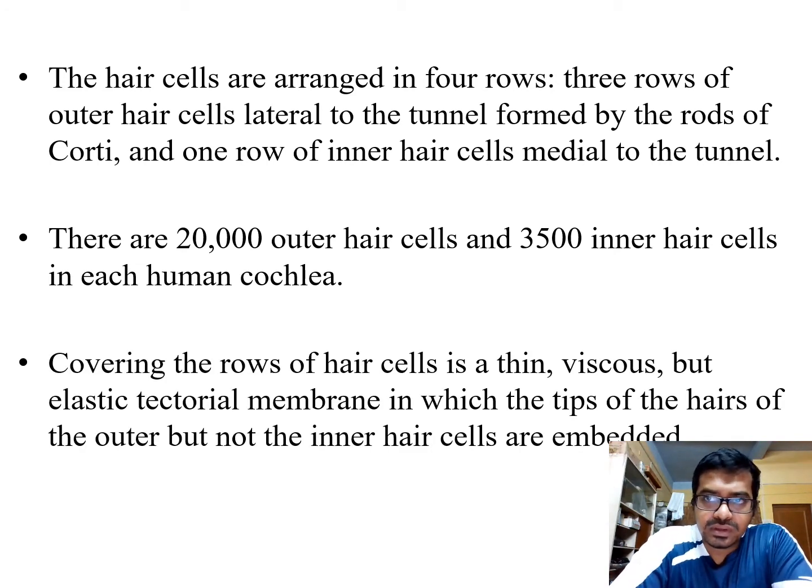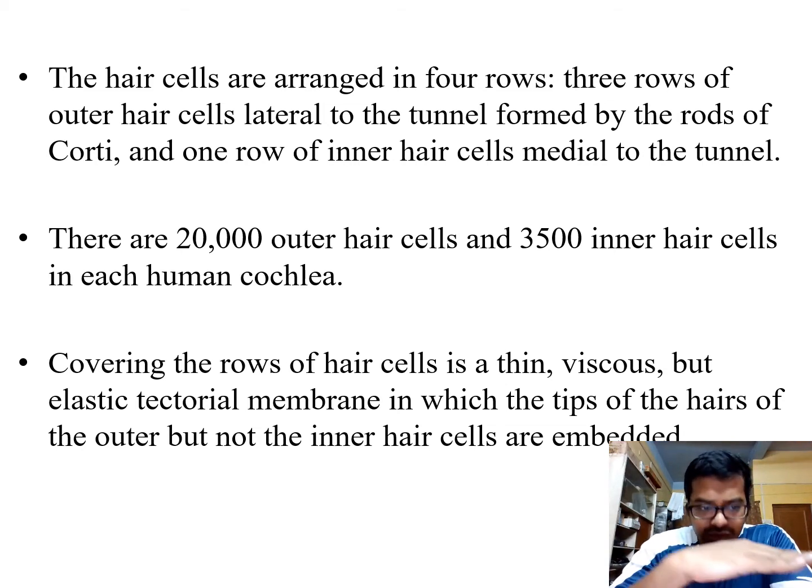Now, these rows of hair cells, as I have already said, are jutting out from the top of the organ of Corti. Covering the rows of these hair cells, on top of the hair cells which are jutting out, there is a thin but viscous and elastic membrane known as the tectorial membrane.